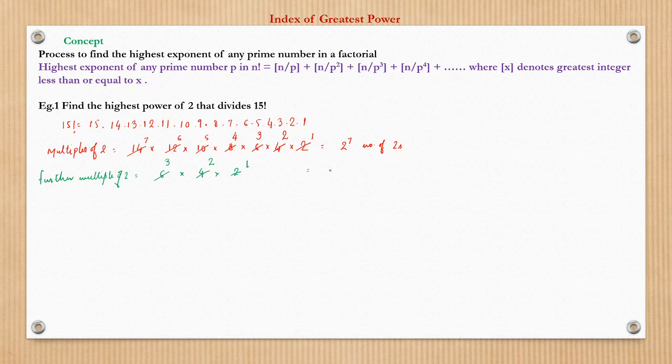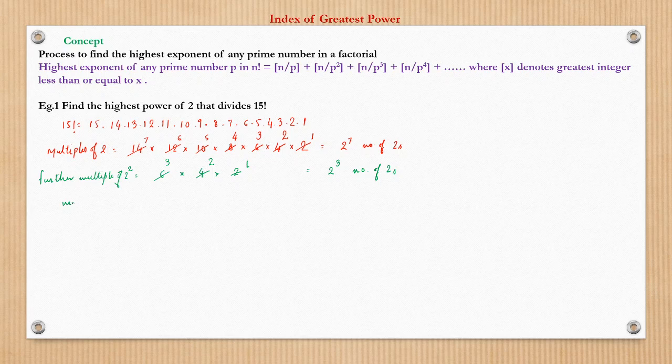So I can take out 3 2's from here, that is 2 raised to power 3, 3 additional 2's. And then again what remains is 3, 2, 1. So here also, this is basically 2 square.